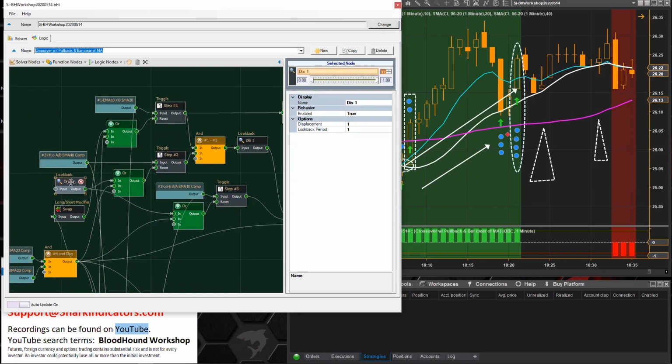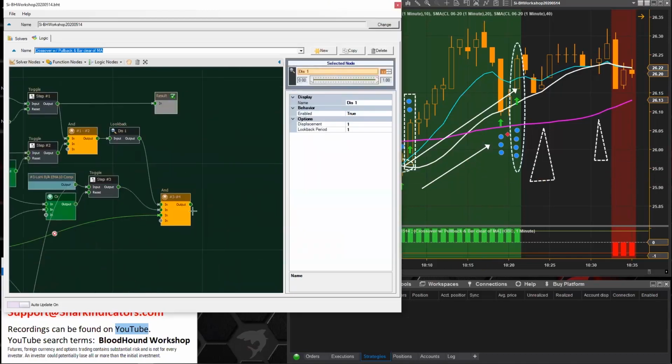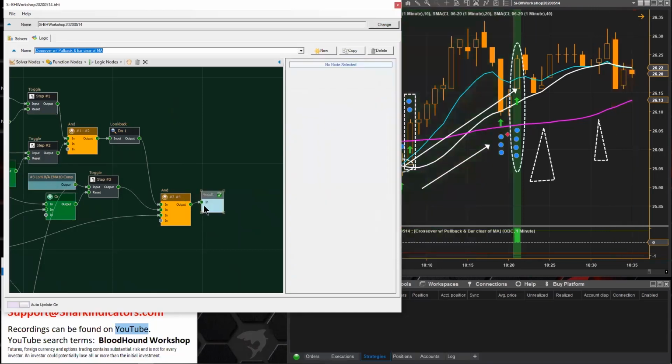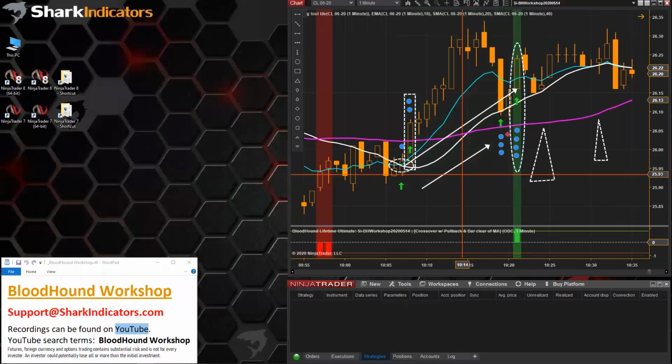So I might just delete this completely out of this system. But first, let's just kind of look at things. Let's look at the signals for now. So let's go through the chart and see how things look, basically.